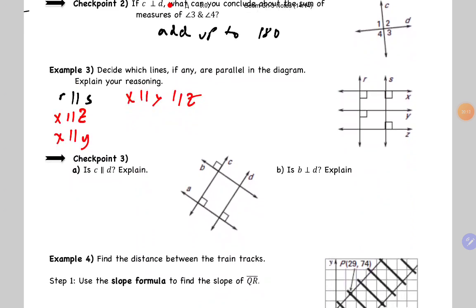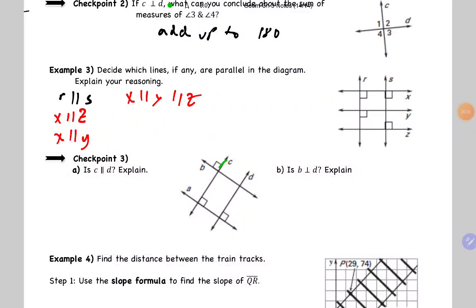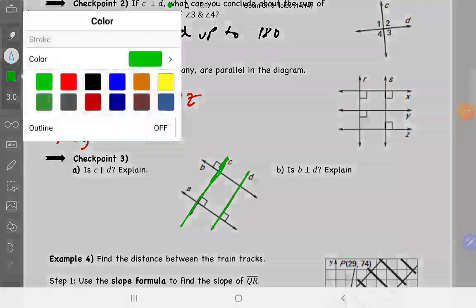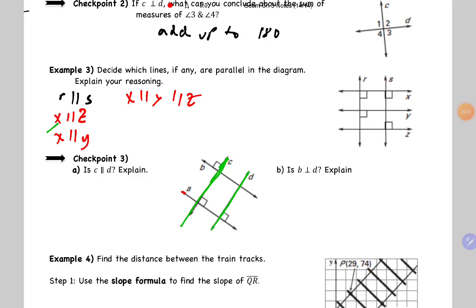Checkpoint 3. Is C parallel to D? So what do we got? C parallel to D. And if we take a look at this red transversal, we notice that those are perpendicular.